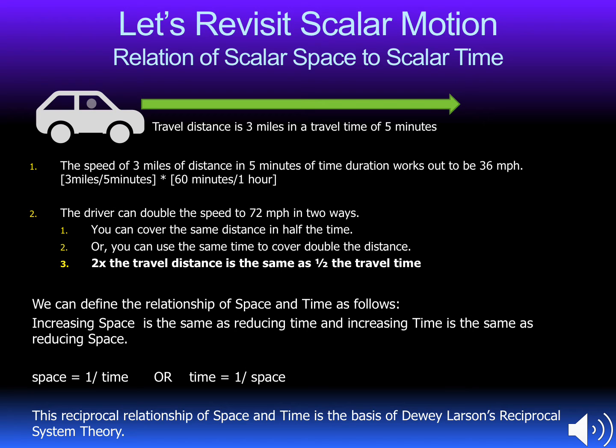So time is equivalent to 1 over space, and space is equivalent to 1 over time. So we can say that time and space have an inverse relationship. And you can see that motion is the phenomenon that links space and time together in this inverse relationship. In case you missed the Matrix of Time video series, this reciprocal relationship of space and time is the basis of Dewey-Larson's reciprocal system theory.